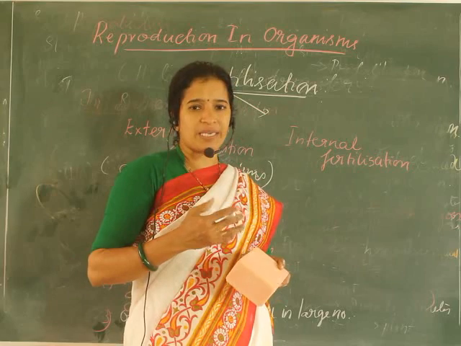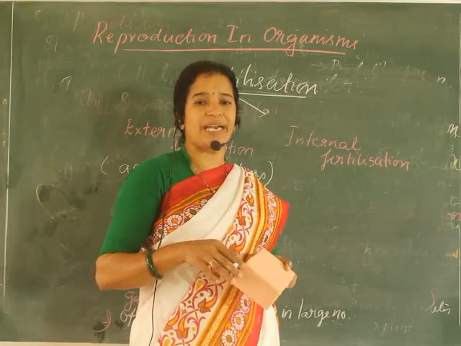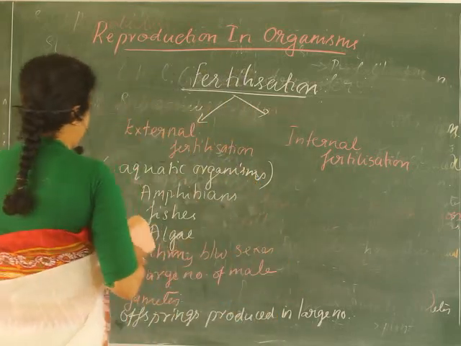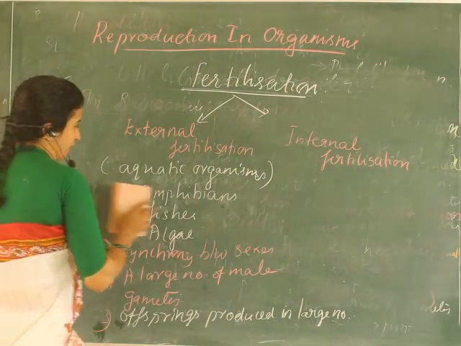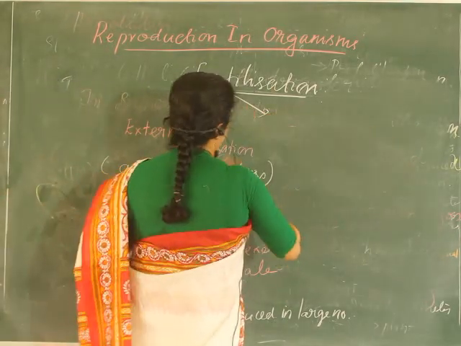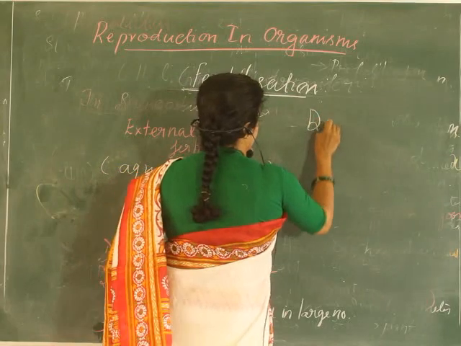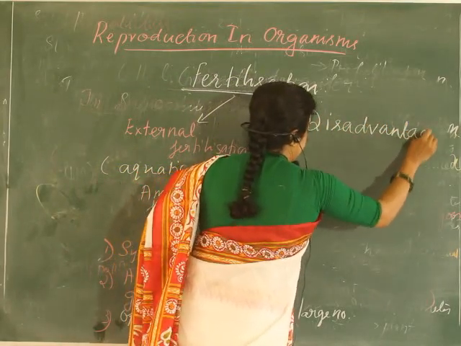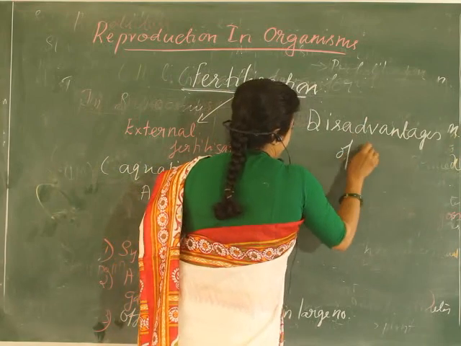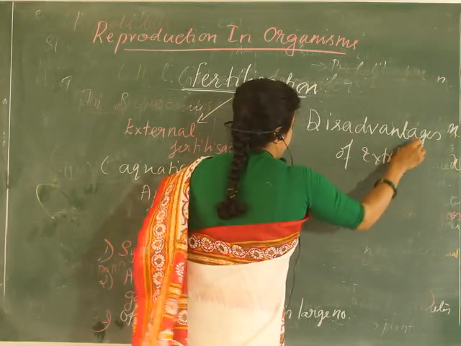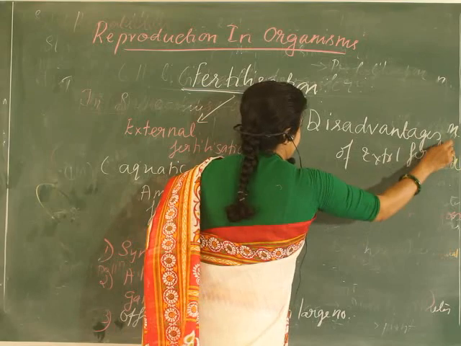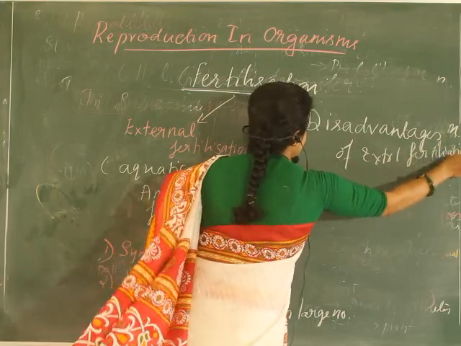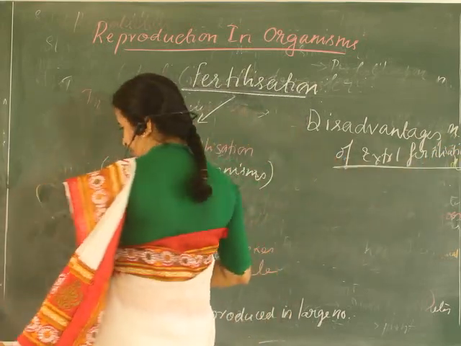So offsprings are easily vulnerable to predators. Disadvantages of external fertilization: one disadvantage is that they are easily vulnerable to predators.